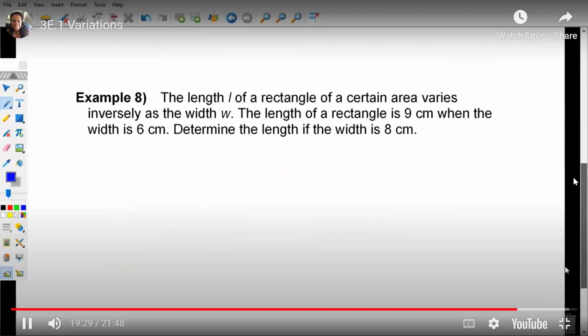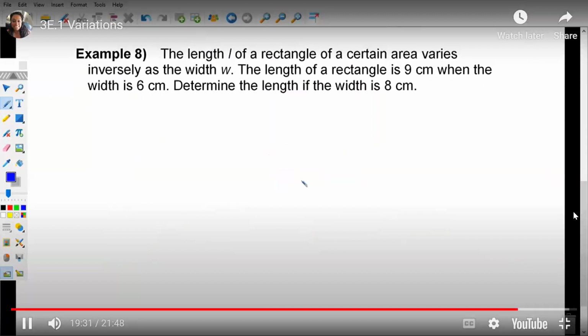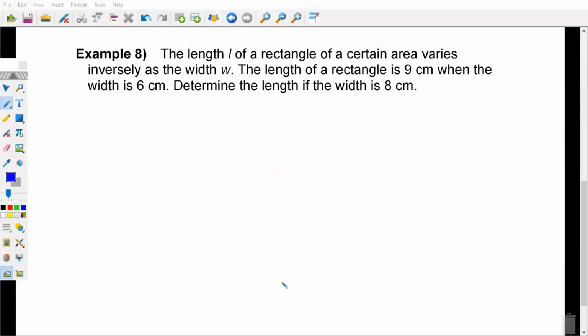All right, let's talk about it from geometry. If I have the length L of a rectangle of a certain area, it varies inversely as its width. The length of a rectangle is 9 centimeters when the width is 6 centimeters. Determine the length if the width is 8 centimeters. Can we calculate that?